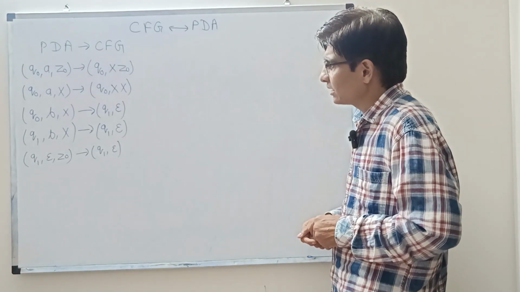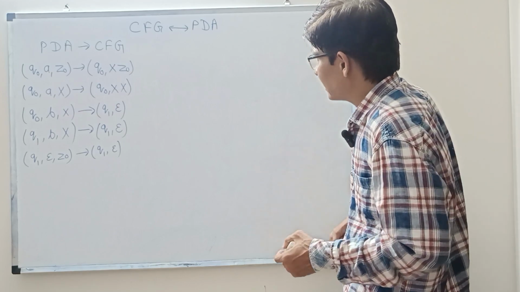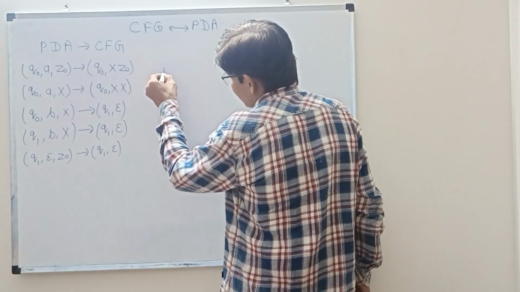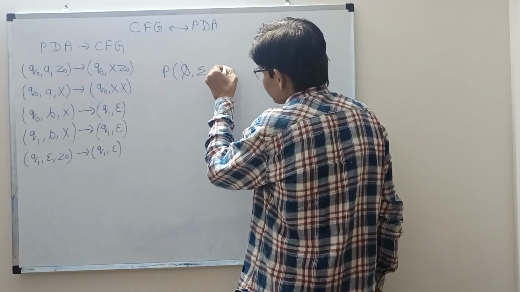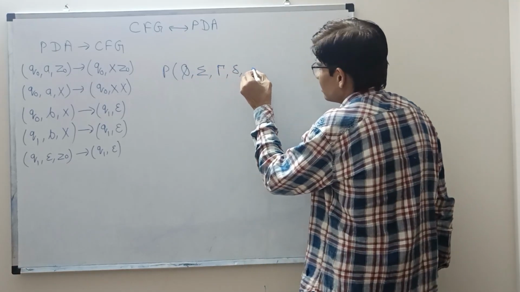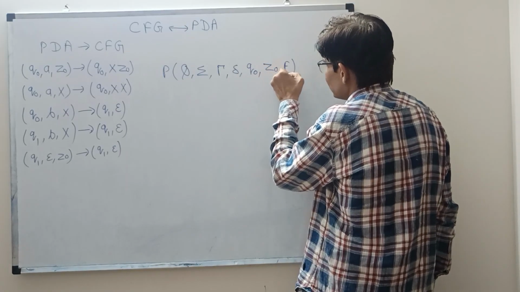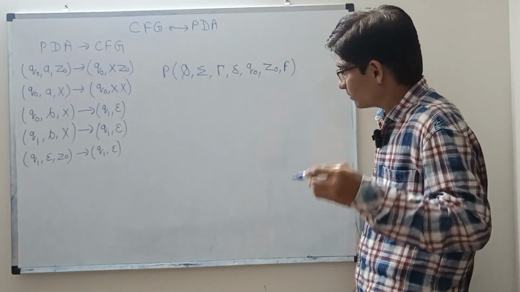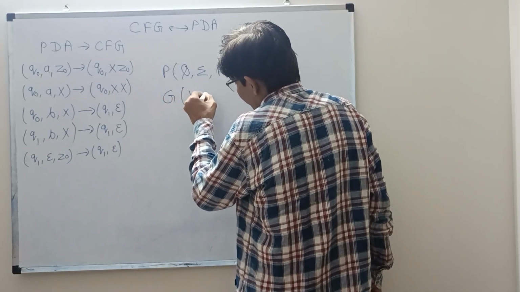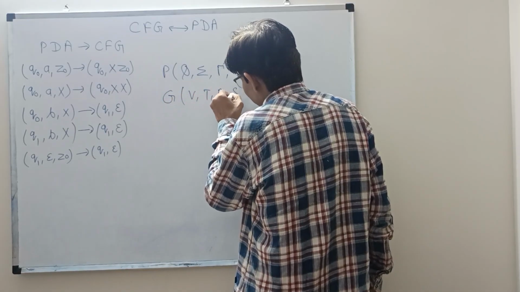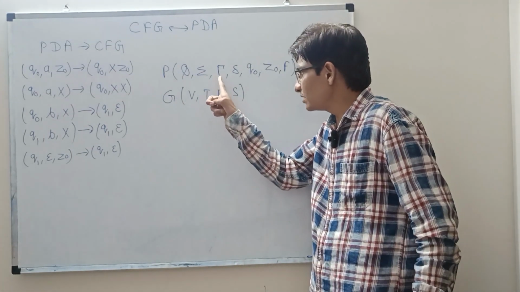Before starting the conversion, I will tell you something important about it. As you can see, friends, in a PDA there are 7 tuples: Q, sigma, gamma, delta, Q0, Z0, and F. And in a grammar we have 4 tuples: V, T, P, and S. So in this particular conversion, we are converting 7 tuples into 4.